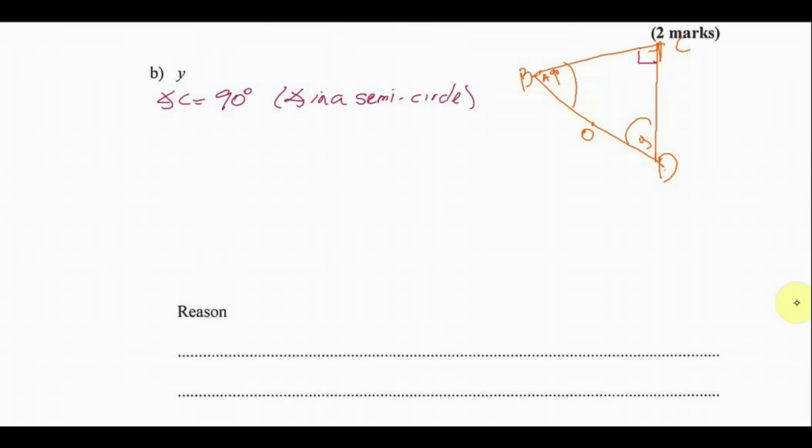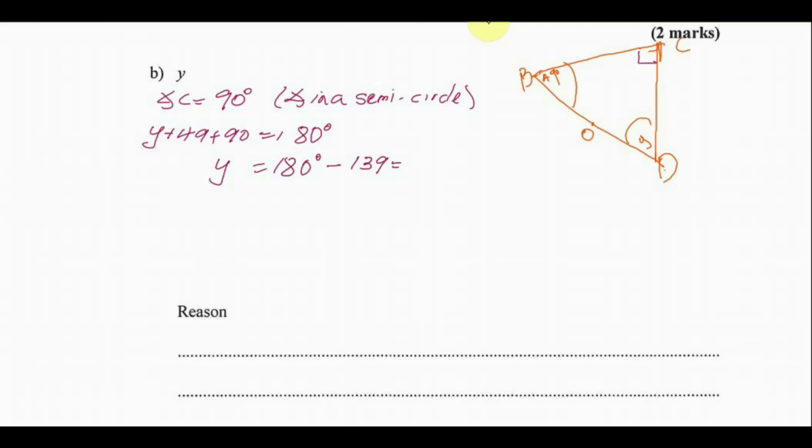And then we can use the same fact that we used in the other part, that the sum of the angles of a triangle is 180. So we're going to say that y plus 49 plus 90 is equal to 180 degrees. Sorry, I'm going to erase that. 180 degrees. Therefore y is equal to 180 degrees minus the sum of this, which is 139.